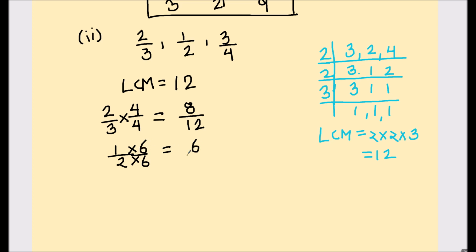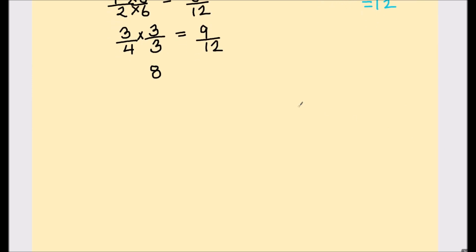So 6 times 1 is 6 and 2 times 6 is 12. And the next fraction is 3/4. Here we are going to multiply 4 by 3 to make it equal to 12. So multiplying the fraction by 3, 3 times 3 is 9 and 3 times 4 is 12. So our three fractions are 8 by 12, 6 by 12 and 9 by 12.